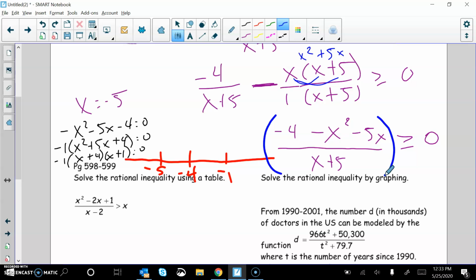So let's have at it. Let's plug in 0. We plug in 0, so 0 there, 0 there, 0 there, get -4/5. We get a negative value there. Let me clear out these zeros. It's negative for all x's greater than -1.